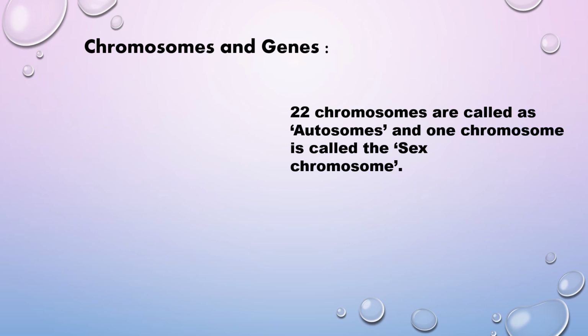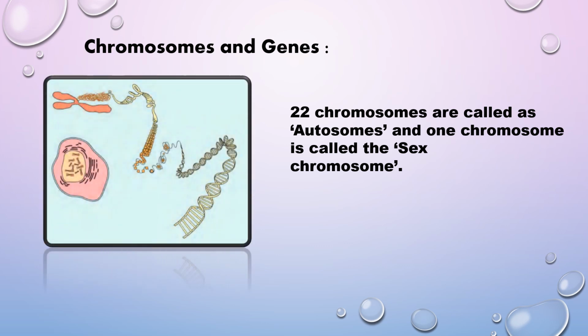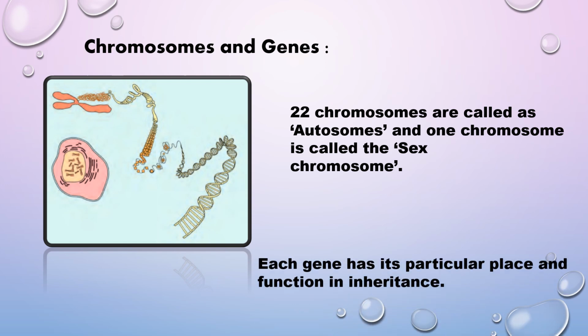Among these chromosomes, 22 chromosomes are called autosomes and one chromosome is called the sex chromosome. Now, each chromosome contains genes which are functional units of heredity. Each gene has its particular place and function in inheritance.